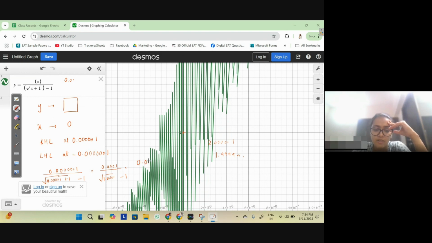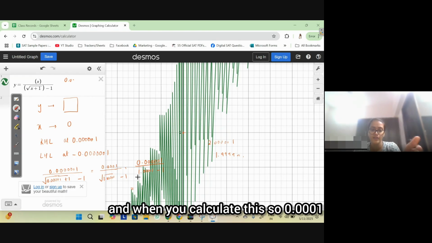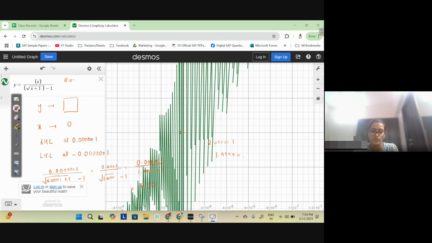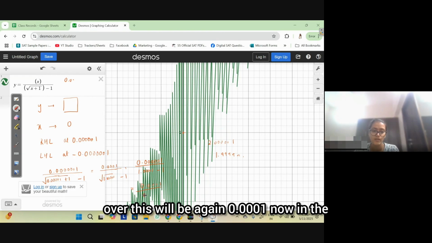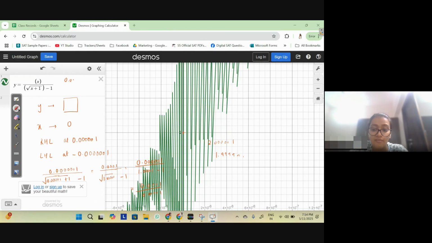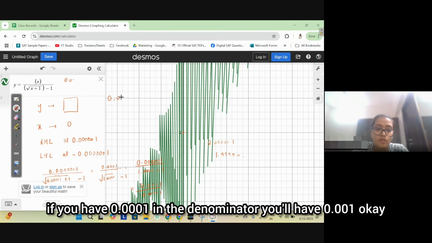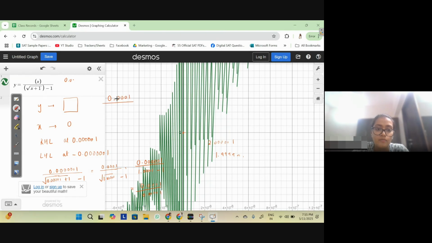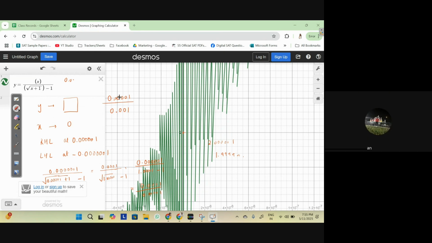So when you calculate this, in the numerator you have 0.0001 over, in the denominator, the number of zeros will be half. It means if in the top you have 0.0001, in the denominator you'll have 0.01.